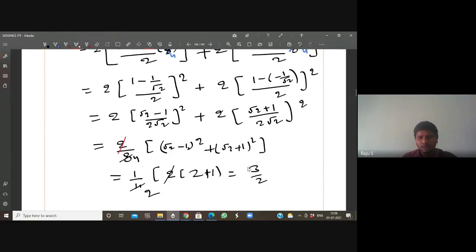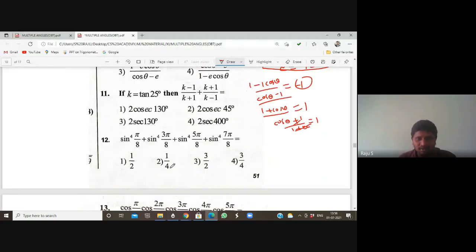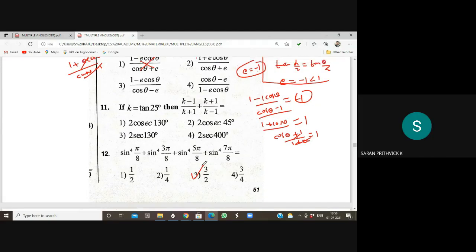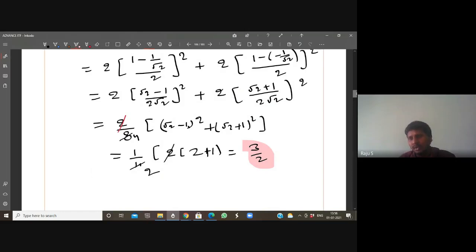Is there any option? Yes, the third option. Check whether the third option is correct. Then our procedure is right.